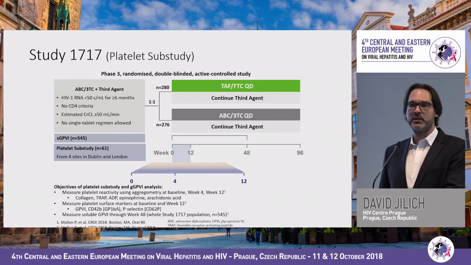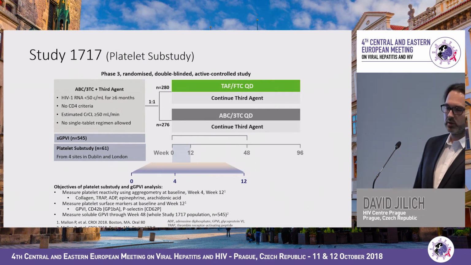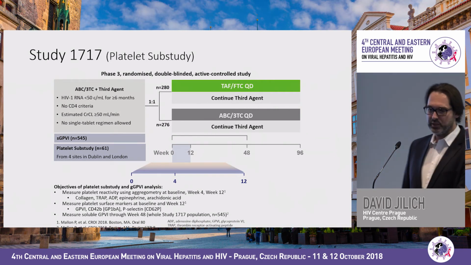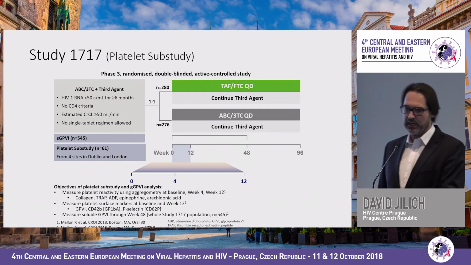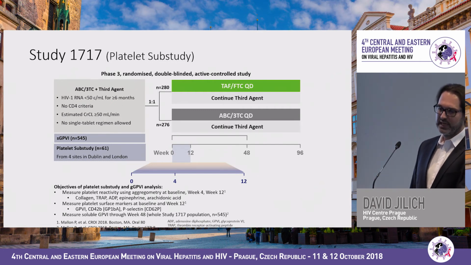And we all know that abacavir has a risk of causing cardiovascular events, especially myocardial infarction, and we're all interested in the etiological process of that potential.